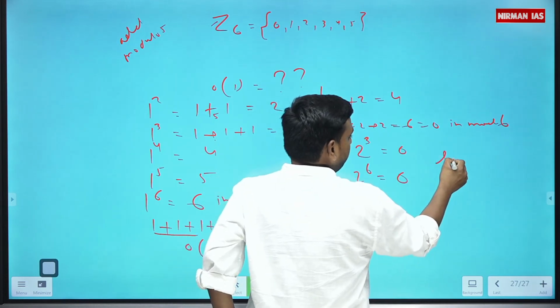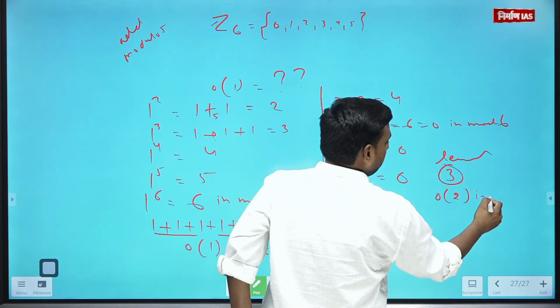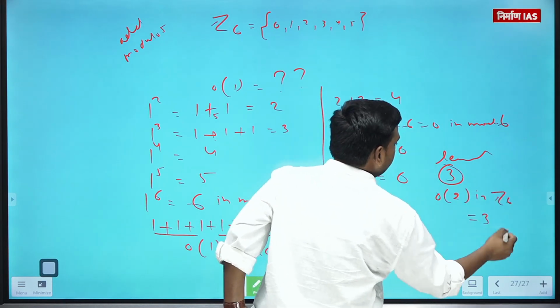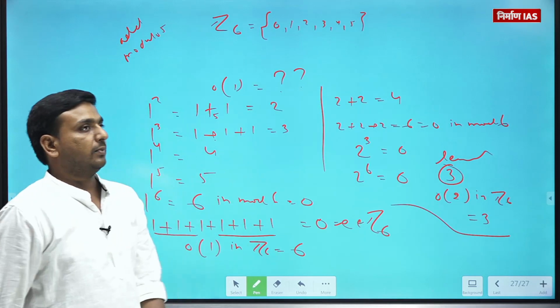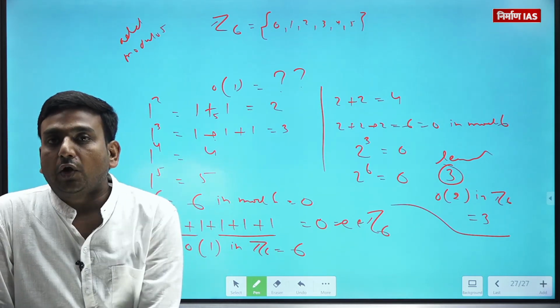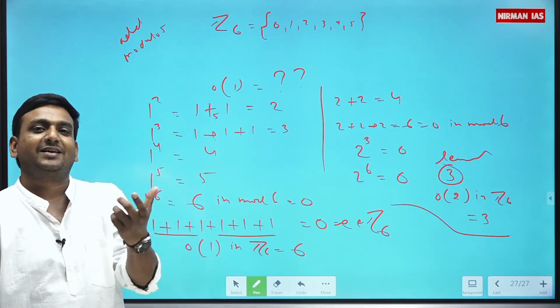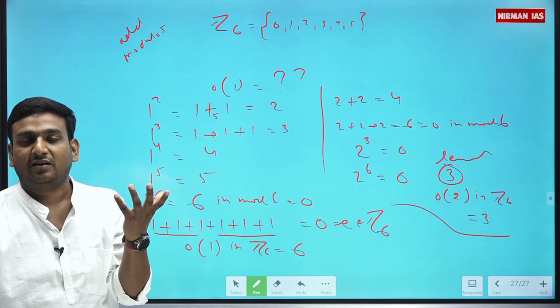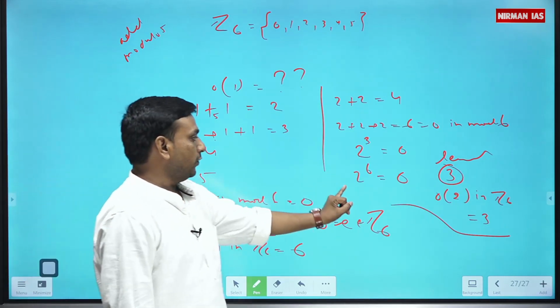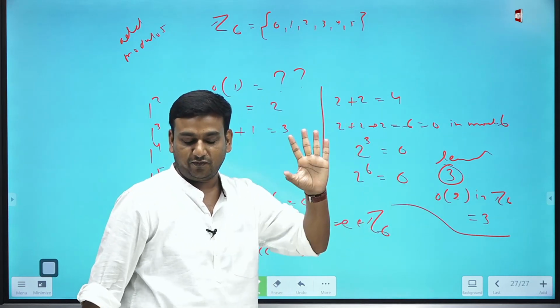But what is the least positive integer? 3. So the order of 2 in Z6 is 3. From day 1, I'm saying, please be in the habit of saying complete statements. Saying 'order of 2 is 3' doesn't make sense actually. You have to say order of 2 in which group. Is that clear?